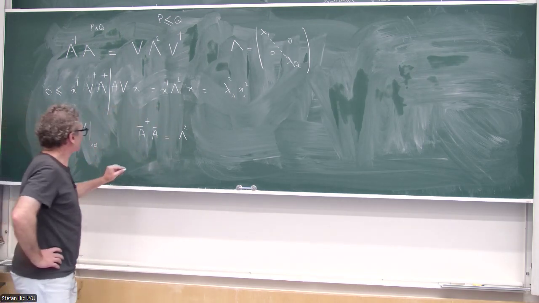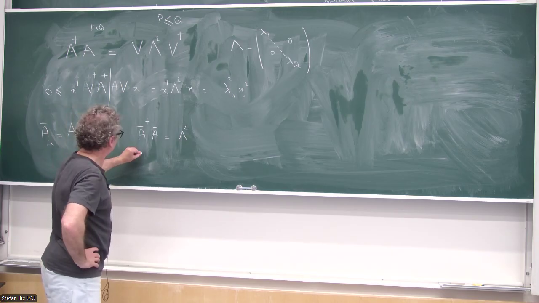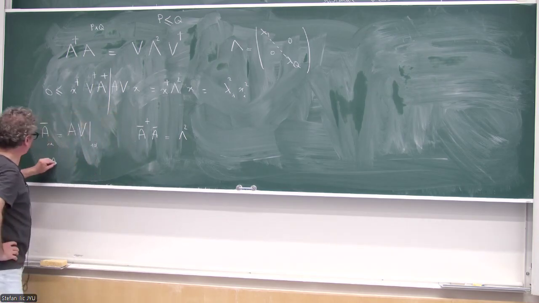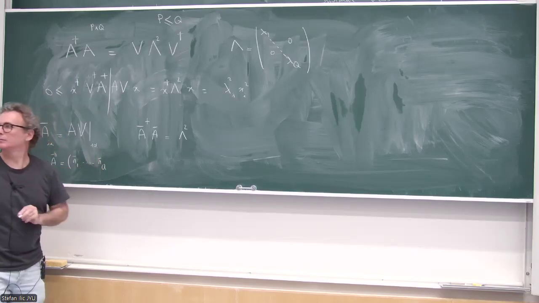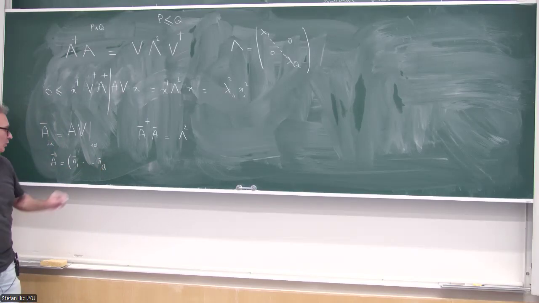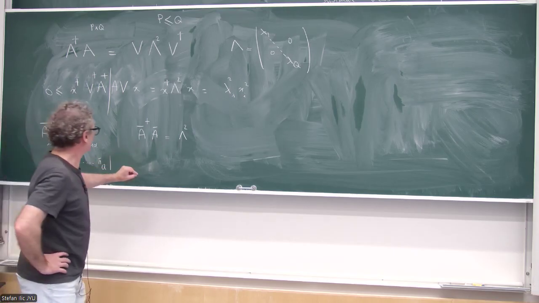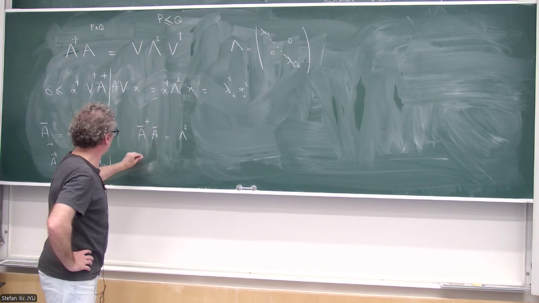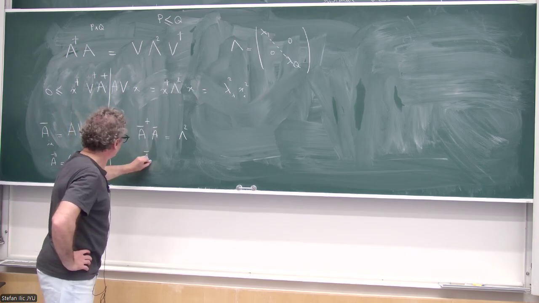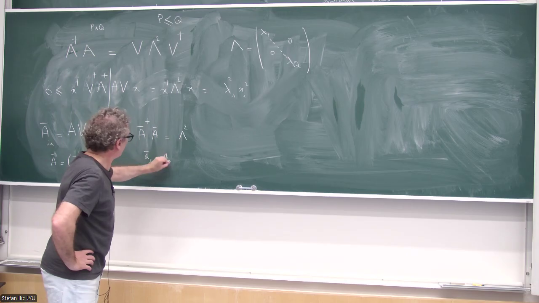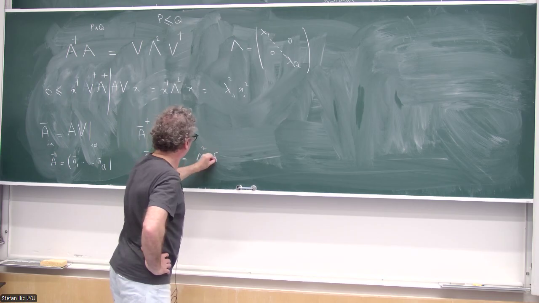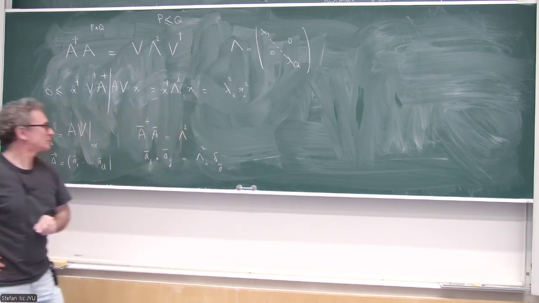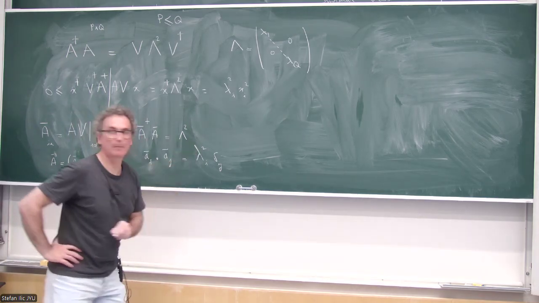Right? Which means that, and now if I consider A bar as a set of vectors, A1 bar, AQ bar, so just vectors stacked together, this actually, A bar dagger A bar equal lambda square, means that A bar I scalar A bar J equal lambda square I delta IJ.